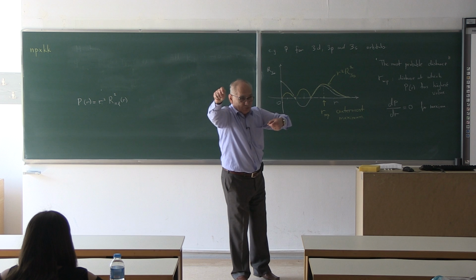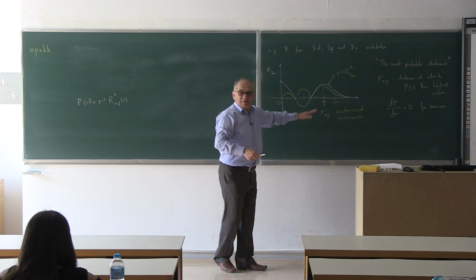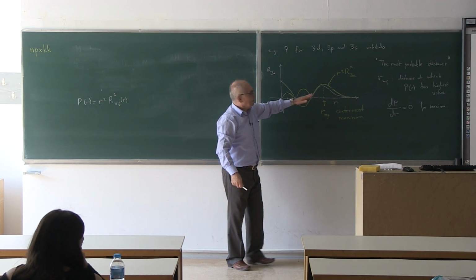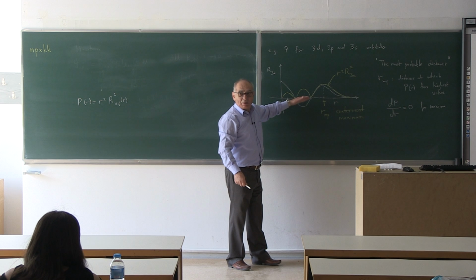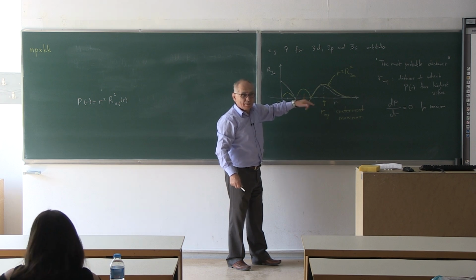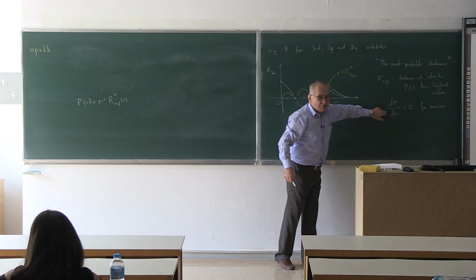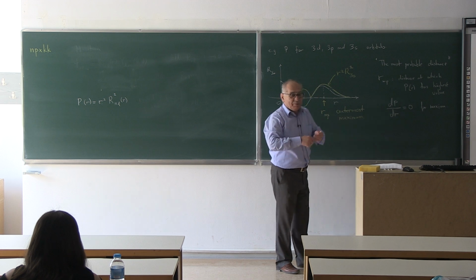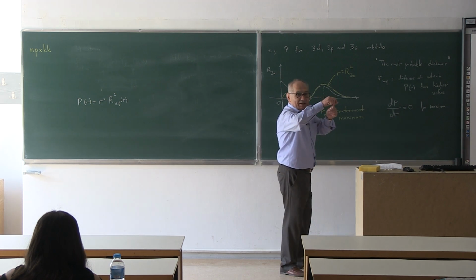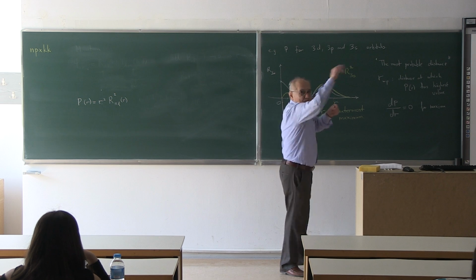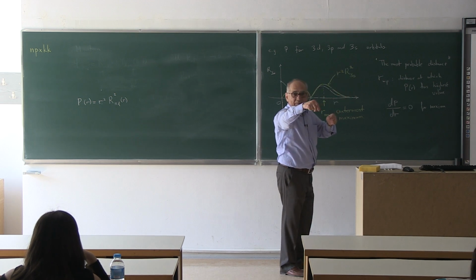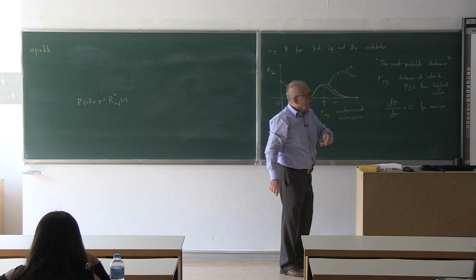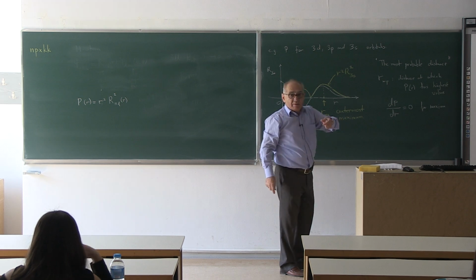This is generally valid. When you find more than one maximum for the solution of this equation, the R value at the outermost position is the most probable distance.